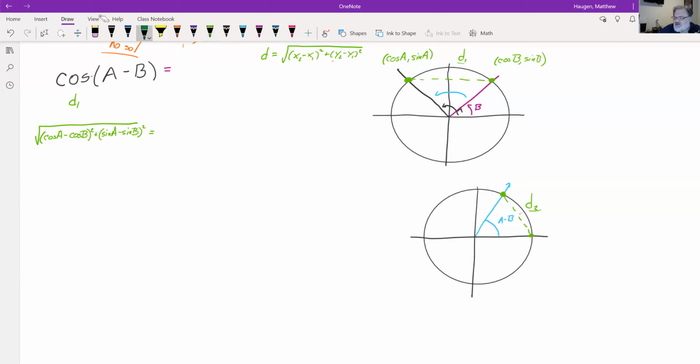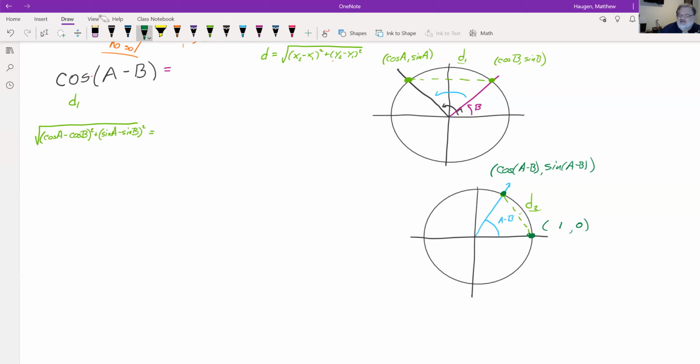Then we're going to do the same thing down here. So again, this point down here for angle A minus B, its x value is the cosine of A minus B. Its y value is the sine of A minus B. And we want to find the distance between that point and this point. Now, it might seem like we don't have an angle for that point, but the nice thing is we know the coordinates of this point. The coordinates of that point are 1, 0.